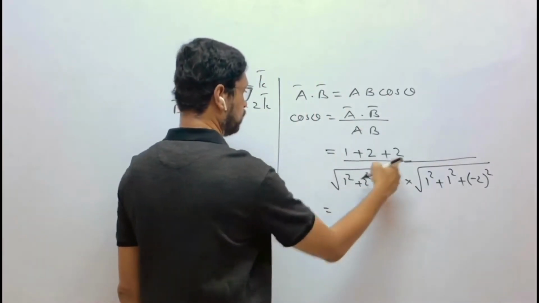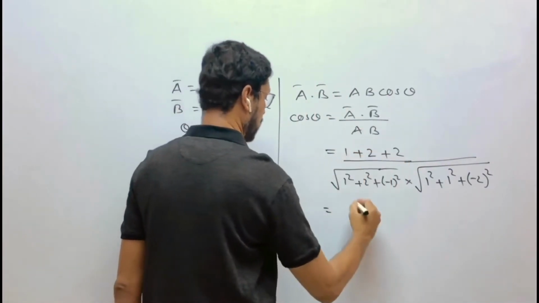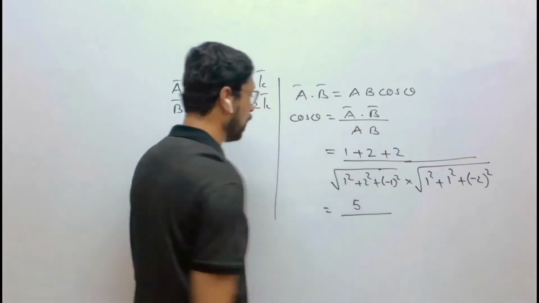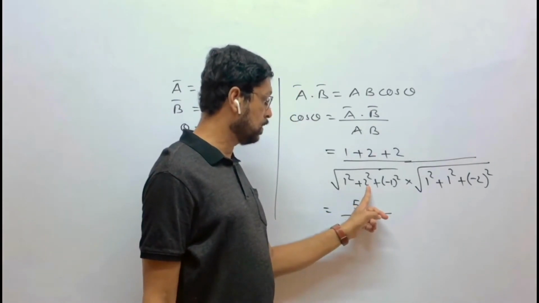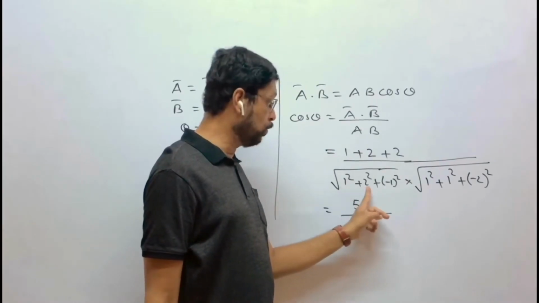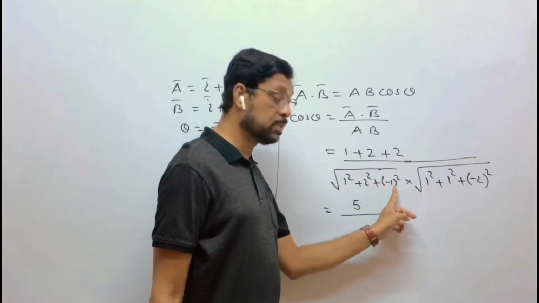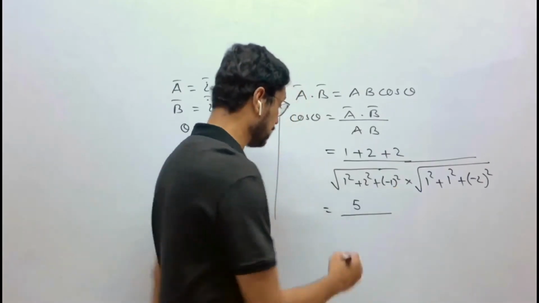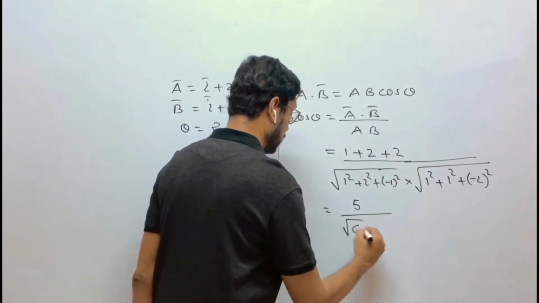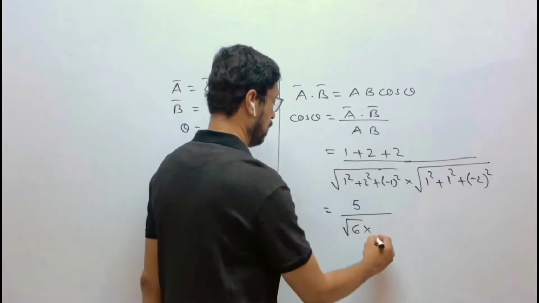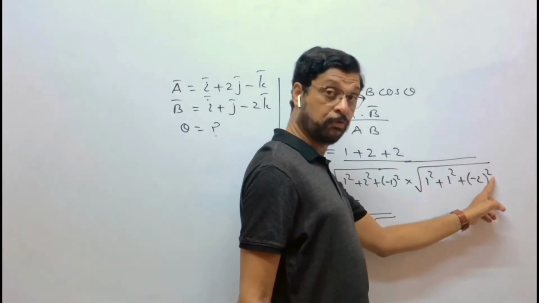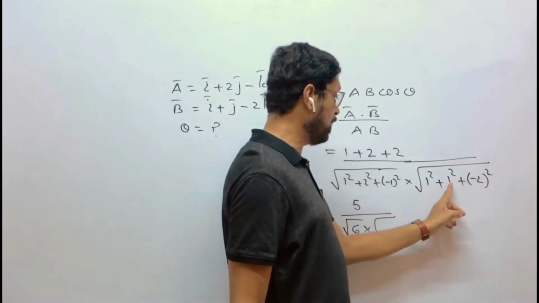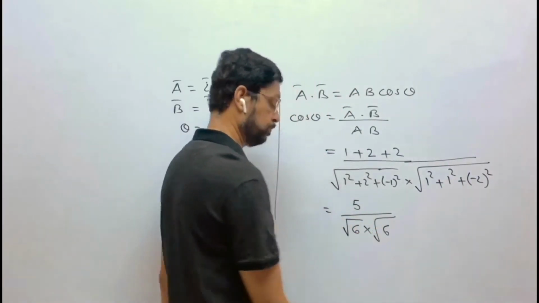That is equal to 2 plus 2, 4, plus 1, 5, upon 1 plus 4, 5, plus 1, that is 6. So root 6 into root of minus 2 square is 4, plus 1, 5, plus 1, 6.